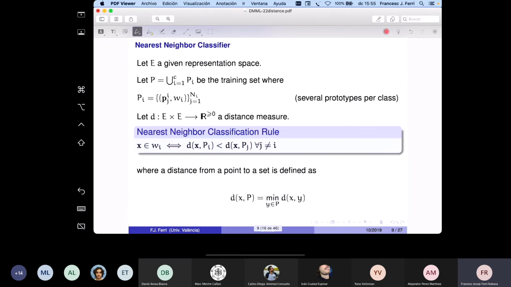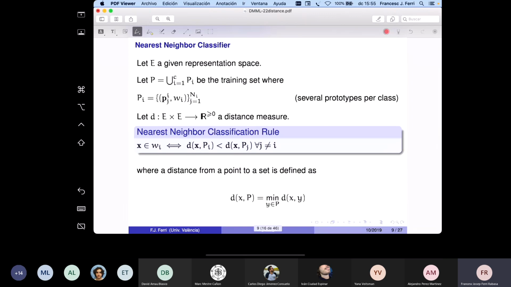The second step is to get to a generalization of the minimum distance. This generalization, which starts to be a more appropriate classifier, is what we call the nearest neighbor classifier, which can be formulated in the following way.